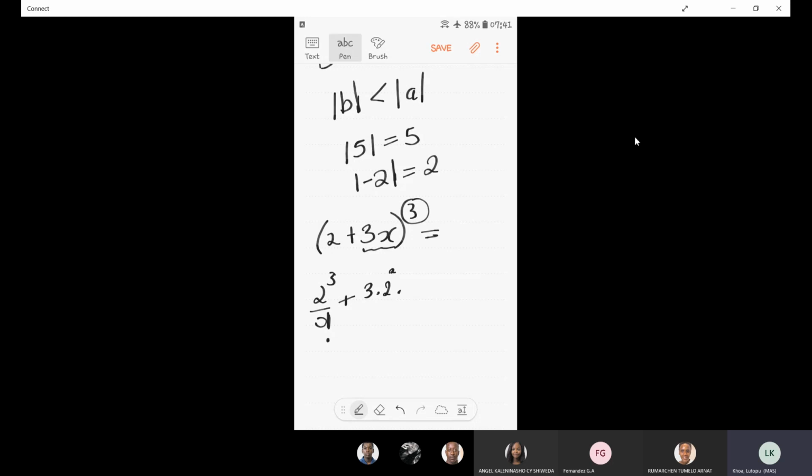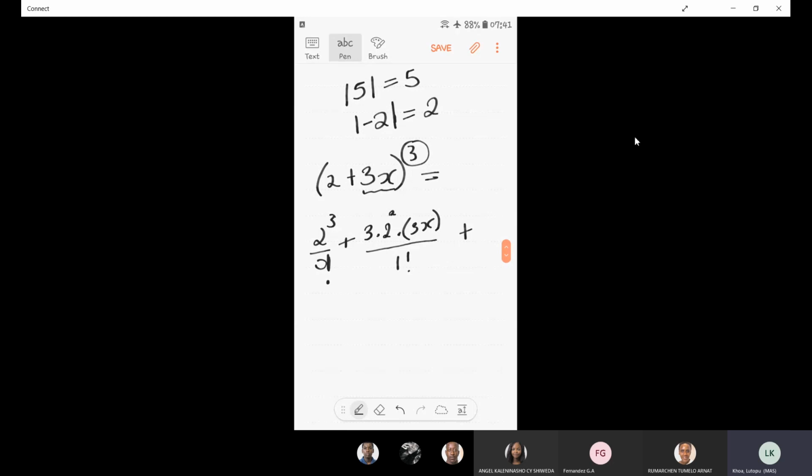Then the power of b, which is 3x. At the first step over here, the power of b was 0, so that's why I didn't write it. But you can write it so you don't forget it. Okay, so now it's power 1, and then I divide by 1 factorial. Then I continue.